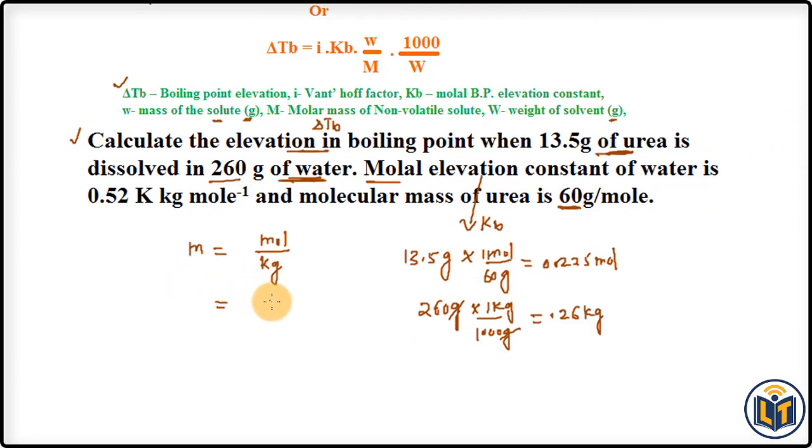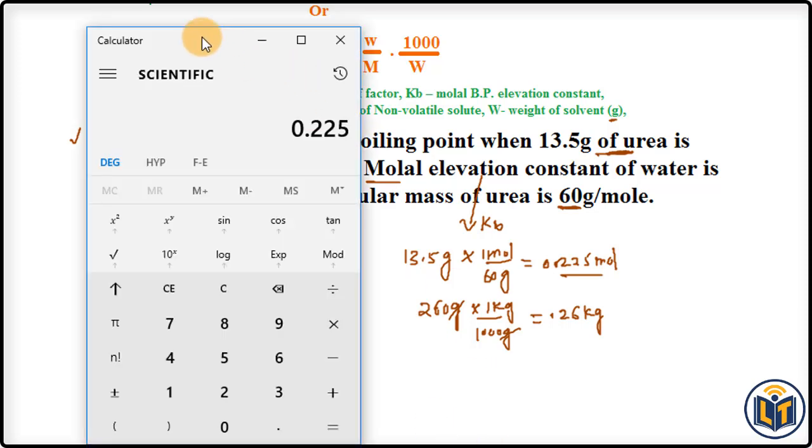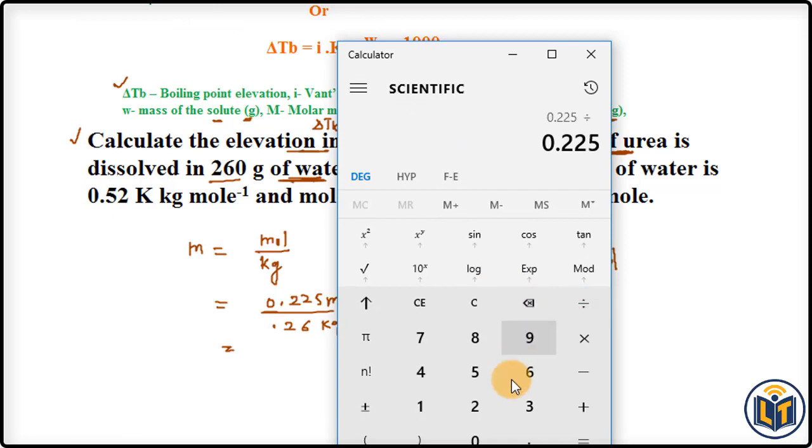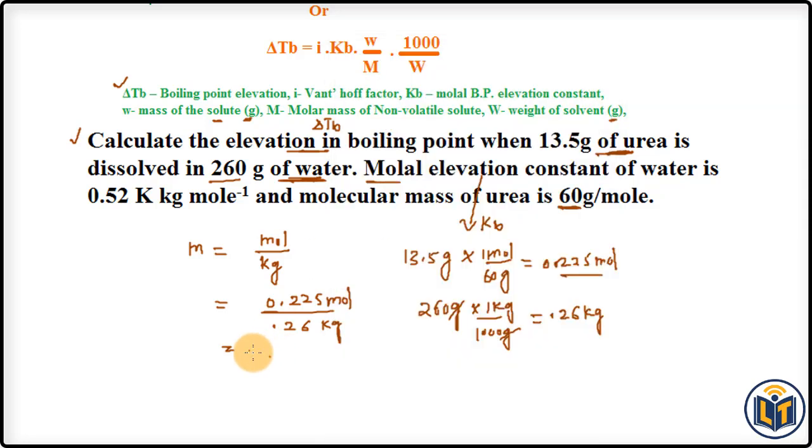Here we have 0.225 moles, and upon it the mass of solvent, 0.26 kg. Now we can divide these values. At the top we have 0.225, divided by 0.26, and the value which we get is 0.865. This is the molality. We can also write it as mole per kg.